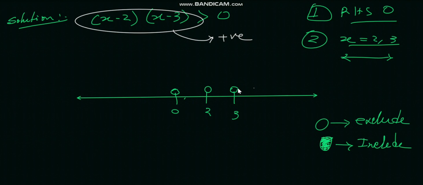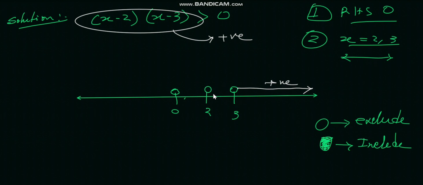Let's take numbers greater than 3. If that is 4, then this factor will be positive and this factor also positive, and the multiplication of two positives is always positive. So this region will satisfy.